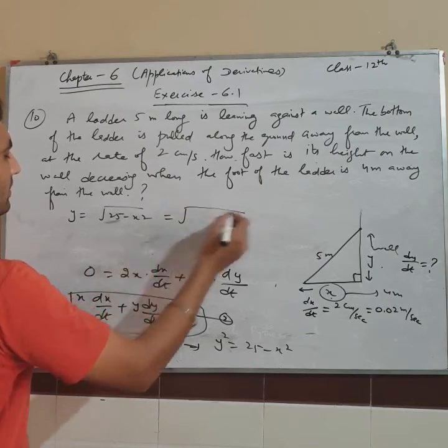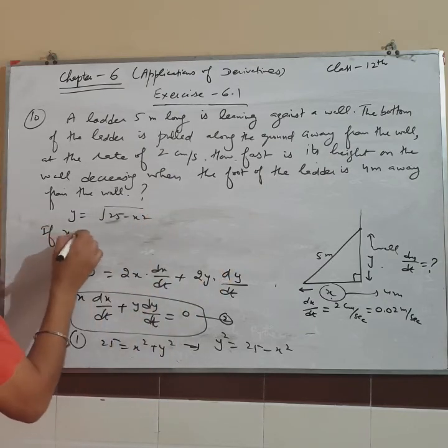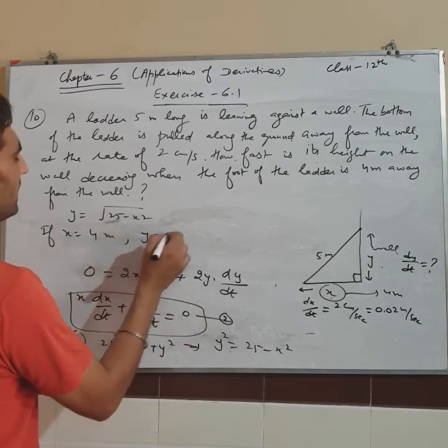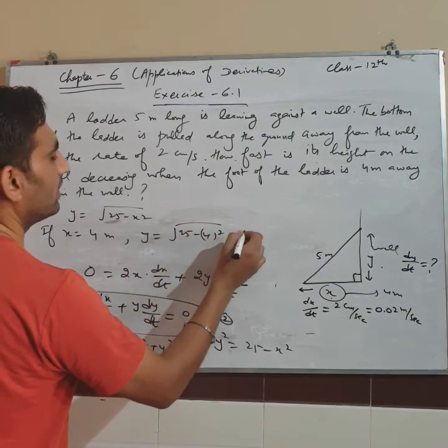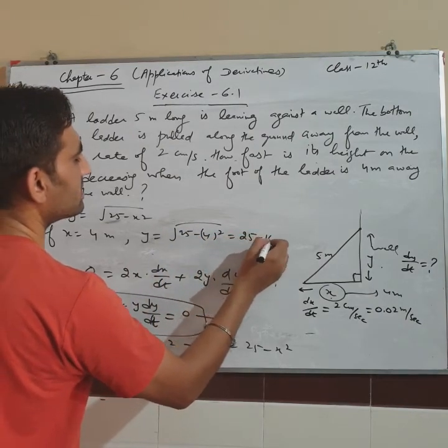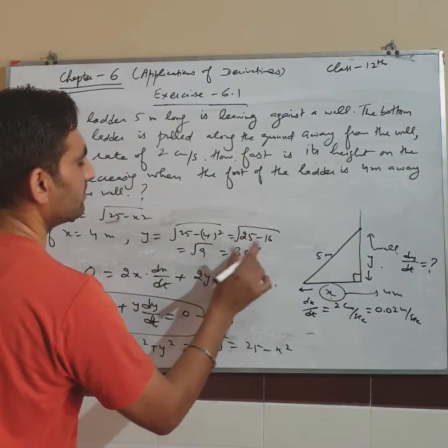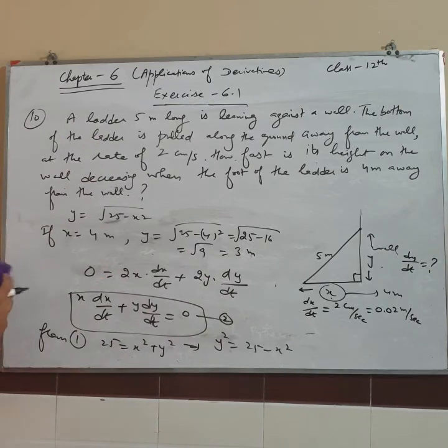If x is equal to 4 meters, what about y then? 25 minus 4 square, or 25 minus 16, square root of 9, 3 meters. So y is equal to 3 meters.